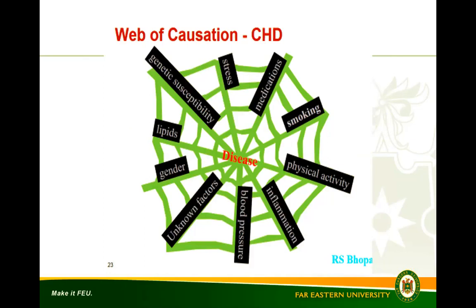As you can see in the slide, this is an illustration of the web model for coronary heart disease. Now, what is the web model of causation? The notion of web as a causation model was put forth by McMahon and his colleagues in 1970, which is cited also by Mosner and Kline in their book.